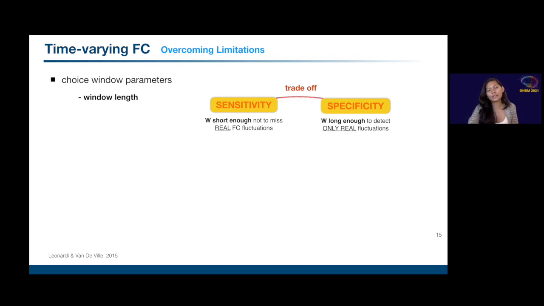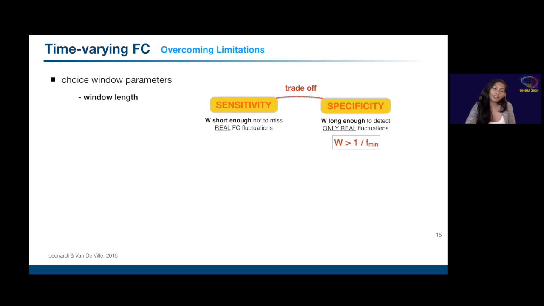It has been shown by Leonardi et al. that in fact, the minimum window that has to be used when performing sliding window analysis is 1 over the minimum frequency that is present in the data. And this is, of course, dictated by the pre-processing steps that we applied on the data itself.